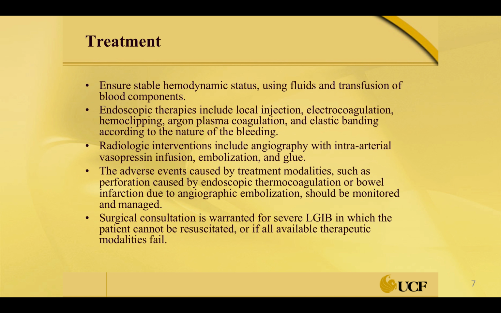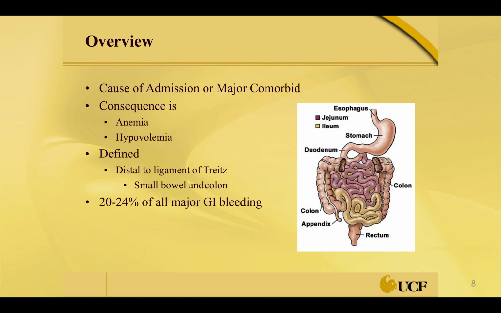Radiologic interventions include angiography with intra-arterial vasopressin infusion, embolization, and glue. The adverse event caused by treatment modalities such as perforation caused by endoscopic thermocoagulation or bowel infarction due to angiographic embolization should be monitored and managed. And surgical consultation is warranted for severe lower gastrointestinal bleed in which the patient cannot be resuscitated or if all available therapeutic modalities failed previously.